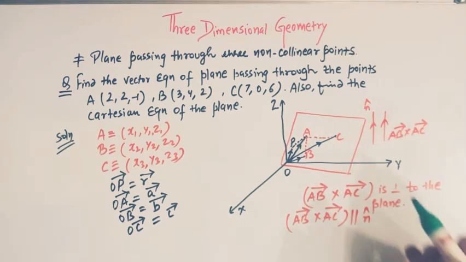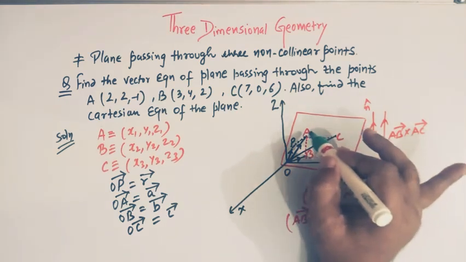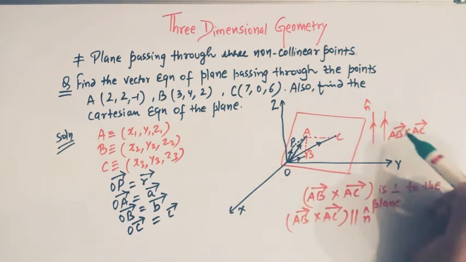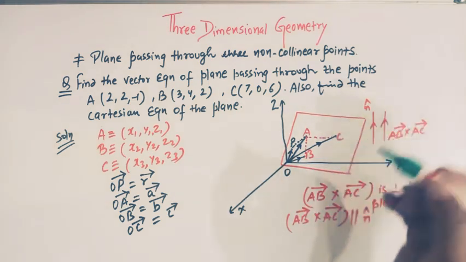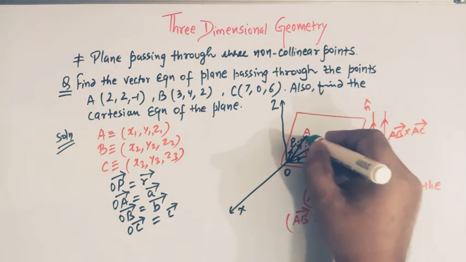So we can draw the vector AB cross AC, or the normal vector, like this.